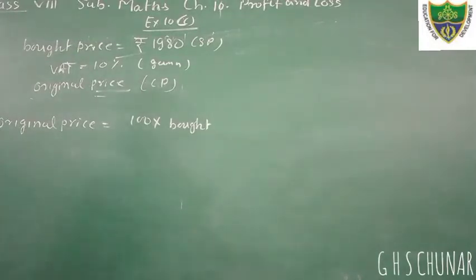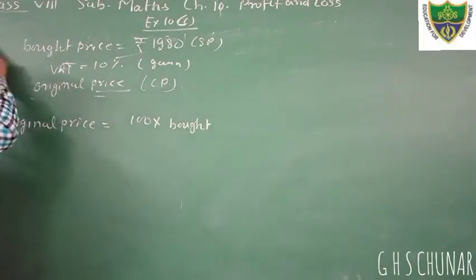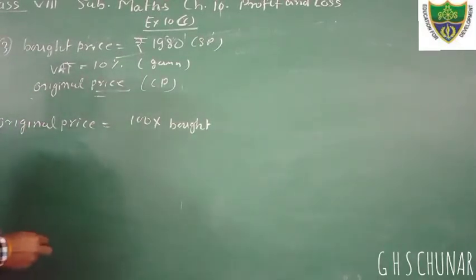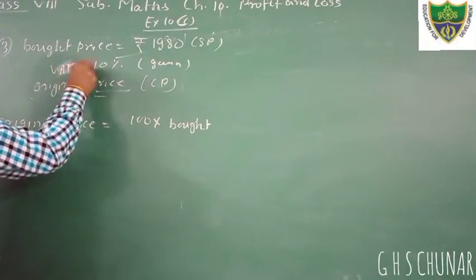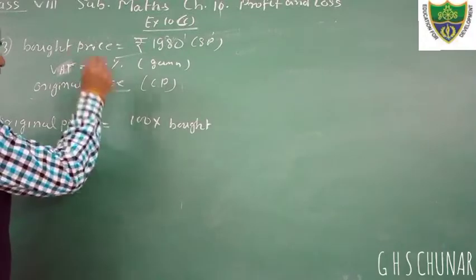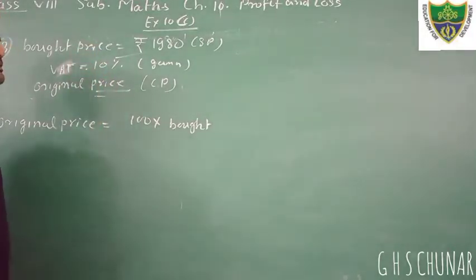In question number 3, it is given that the VAT is 10%. Now what is the original price? In the case of CP and SP, the bought price is the SP and VAT is the gain.